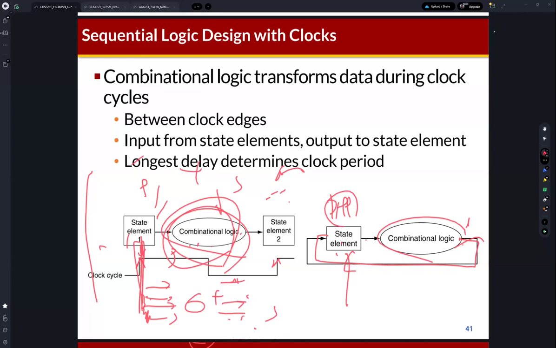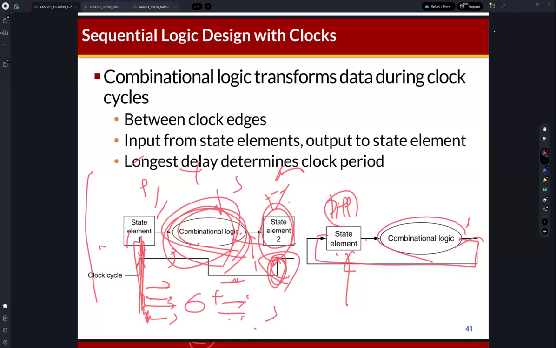But the output is also sampled by this D flip-flop. You can find that the output signals of combinational logic are also connected to the input of the D flip-flop, so it is sampled. The output of combinational logic is sampled only on the rising edge of clock.